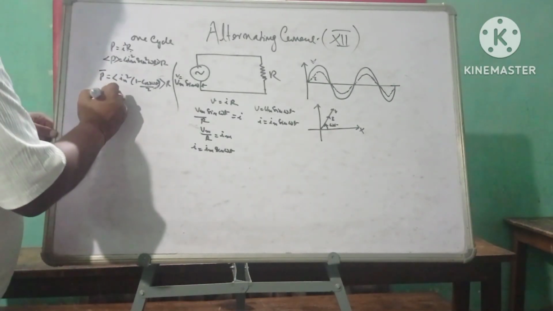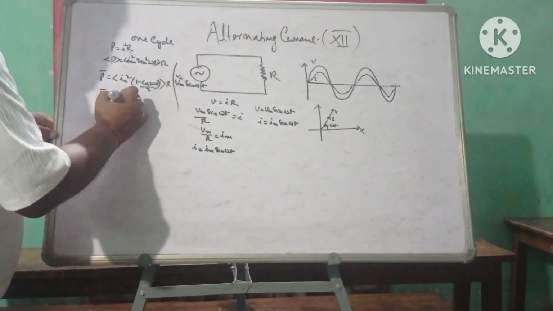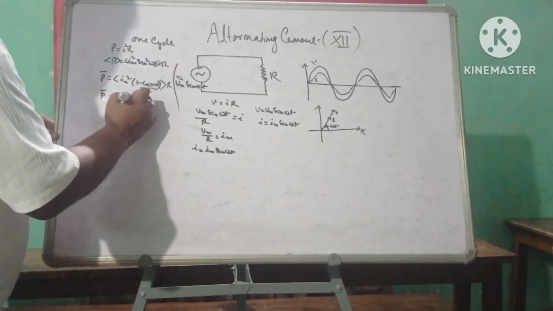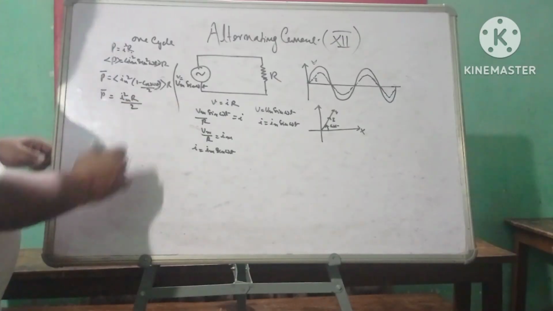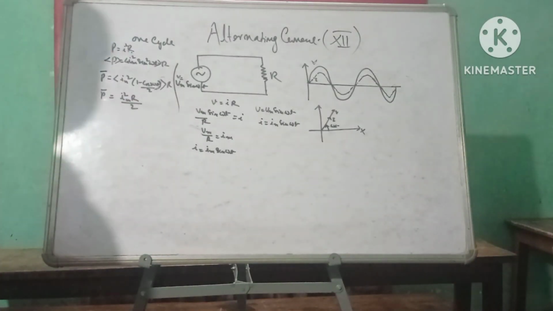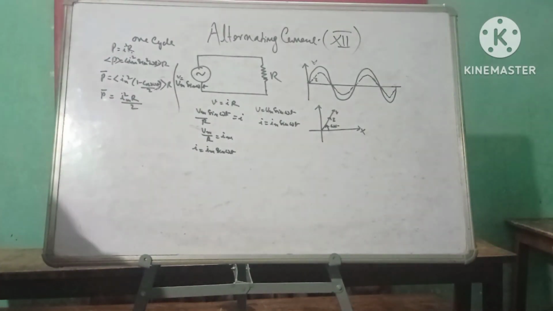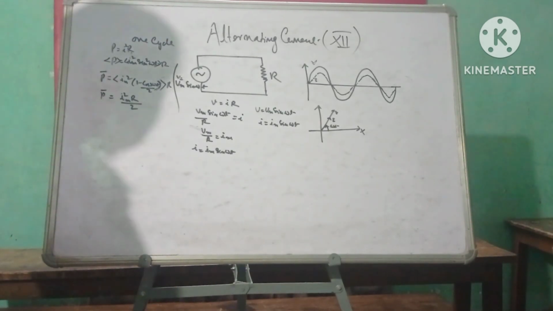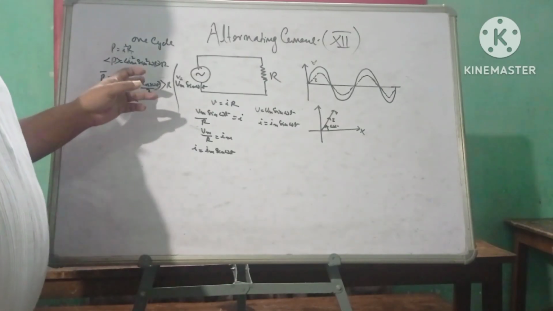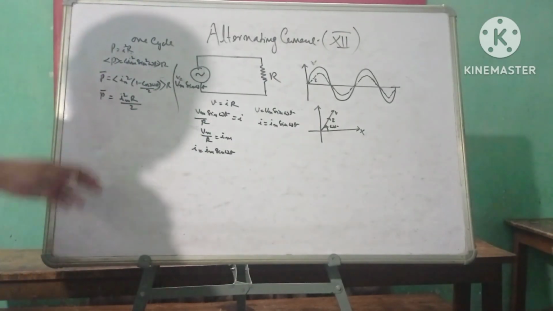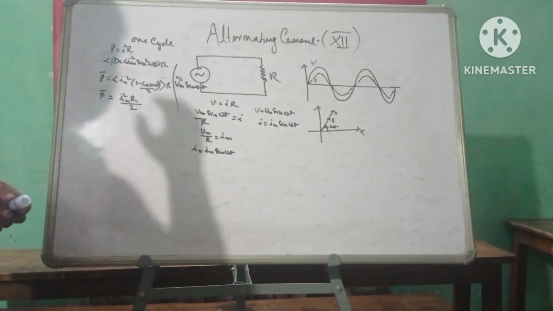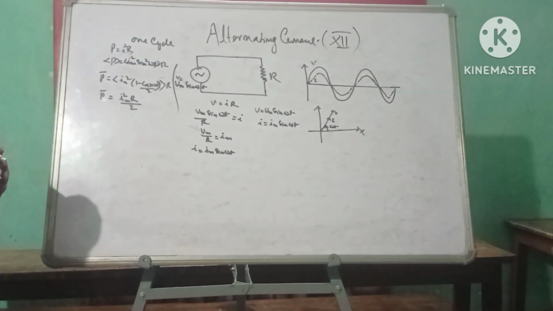So your P average will be I square m R by 2. This is the average power you are going to get, because for one cycle the average of cos theta is 0.